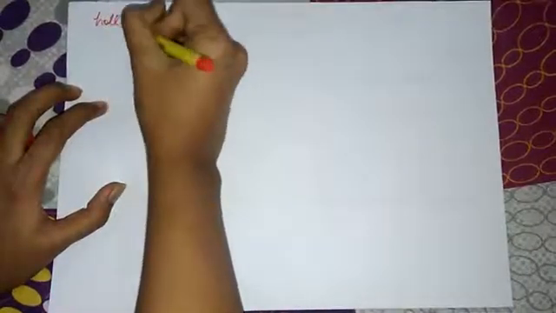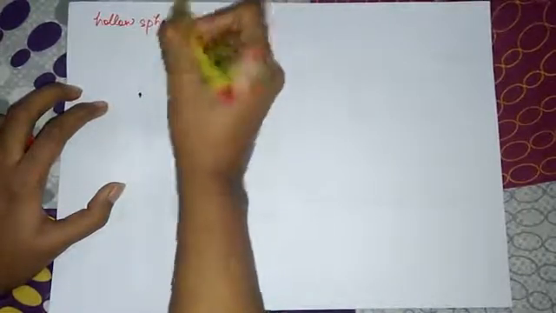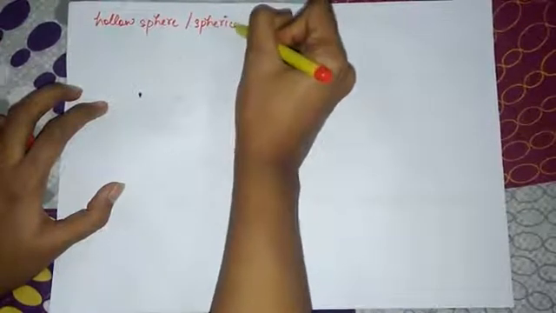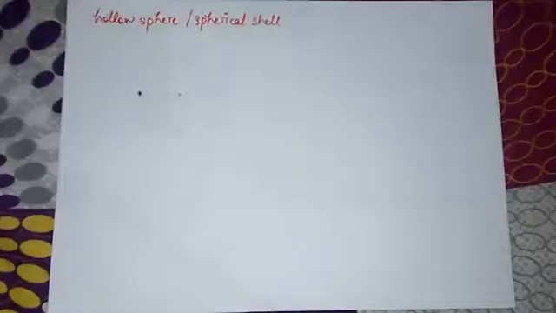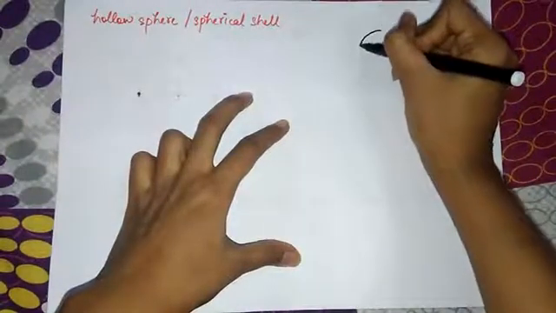So how can you find that out? Let me make the figure. So hollow sphere or spherical shell. So it somewhat looks like this.